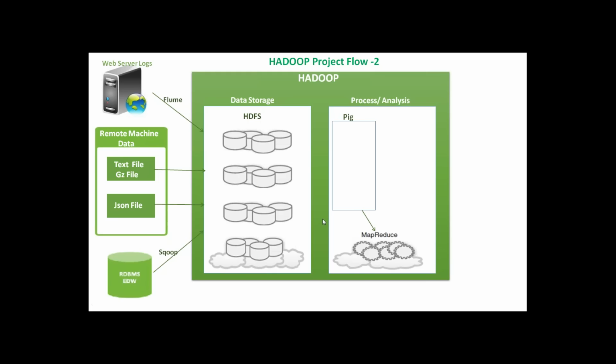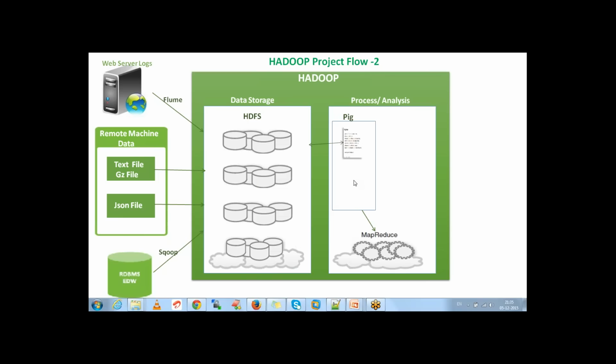In Pig scripts, we will write the commands for the data flow. Here I am using two terms: one is data flow and one is workflow. In Pig we generally use the term data flow, and in Oozie we use workflow.